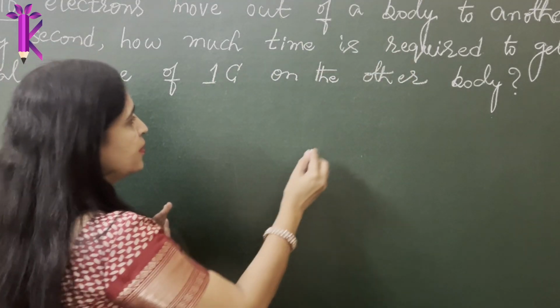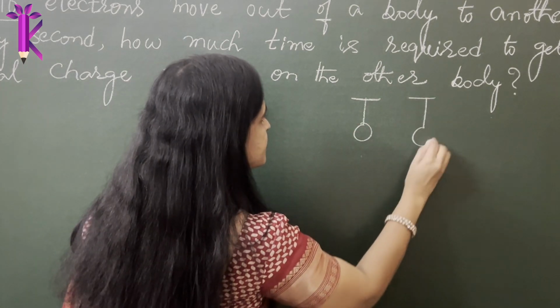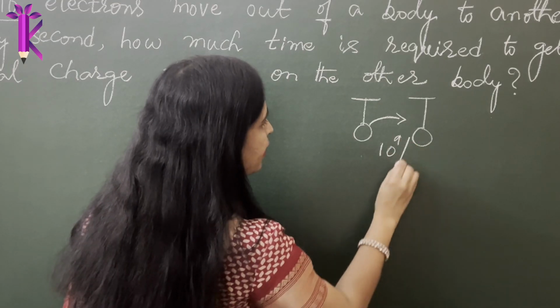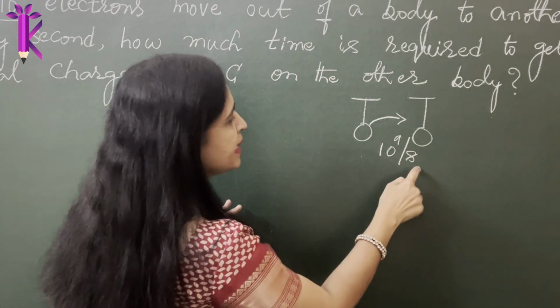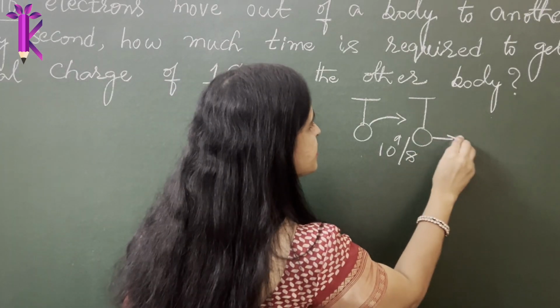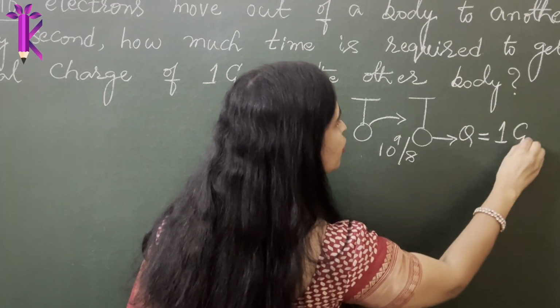So basically imagine this is a metal sphere, there is another metal sphere. From this sphere to another sphere, 10 to the power of 9 electrons are being transferred every second. But they want to charge this metal sphere to a total charge of 1 coulomb.